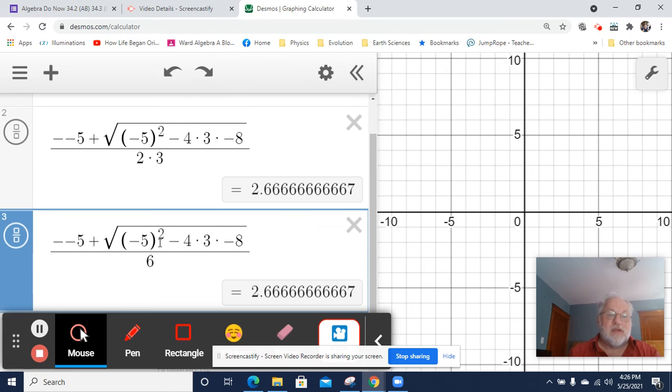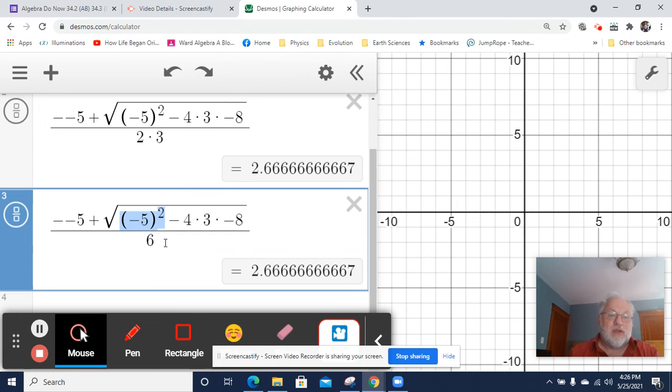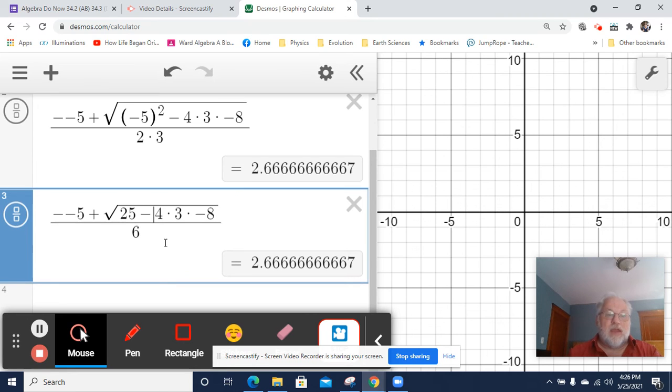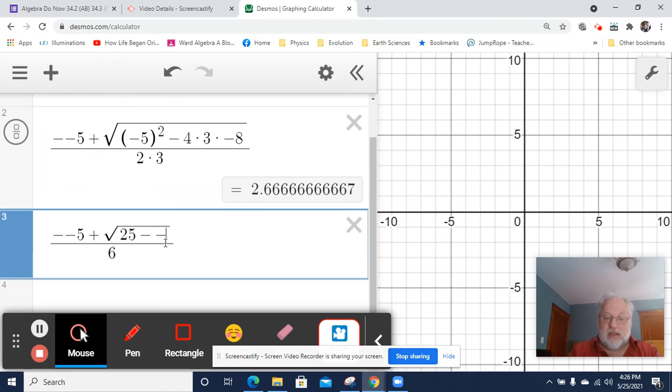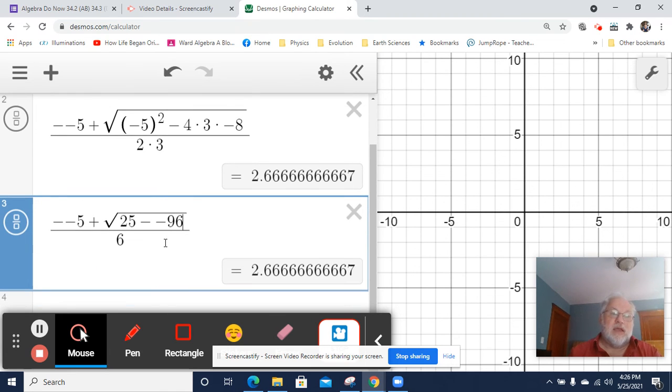That was the 6. So this 5 squared, again, is 25. And 4 times 3 is 12. And 12 times -8 is -96. And that's going to just be minus a minus, so that's plus 96. And that comes out to 121.